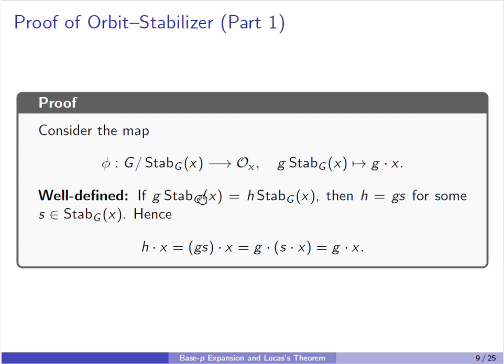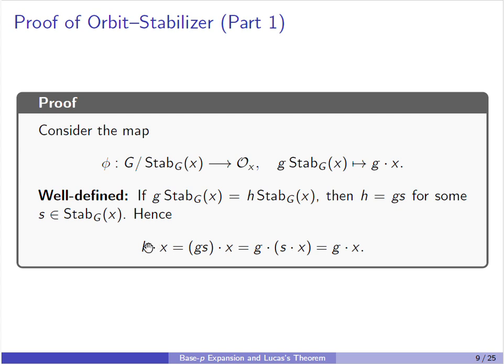That means h is some g times s, because h belongs to this coset, and since these two cosets are equal, h also belongs here. But every element here is just g times something in the stabilizer, so that's why we have that. Now we want to show that their images are equal. The image of this is just gx, and the image of this is hx.